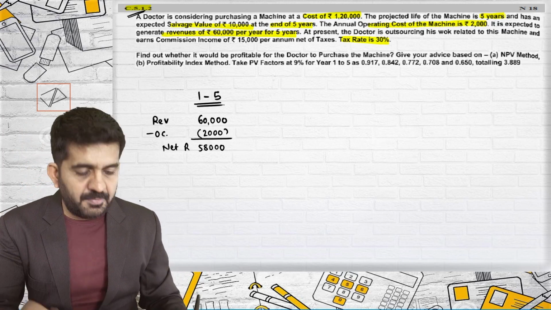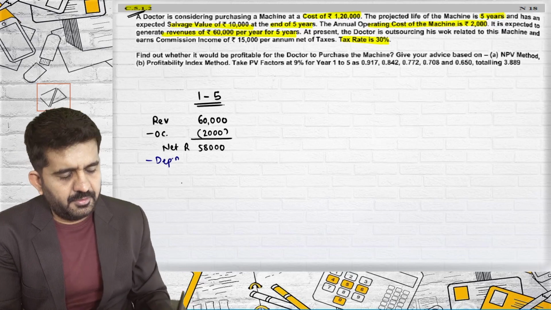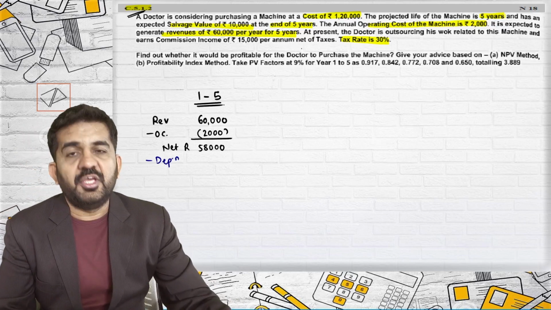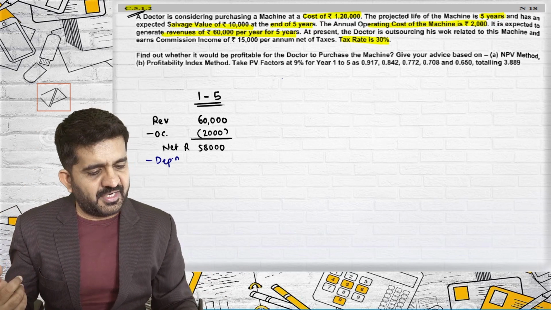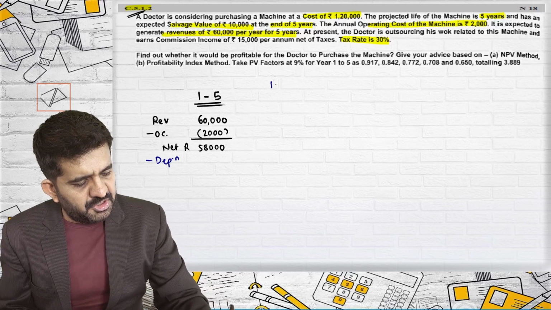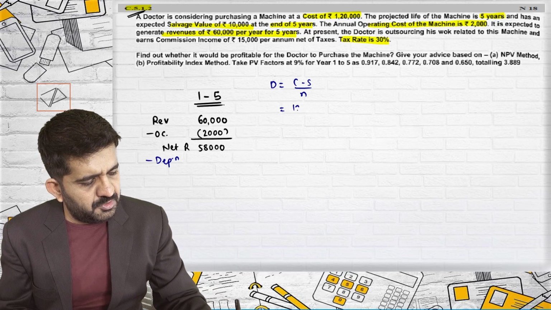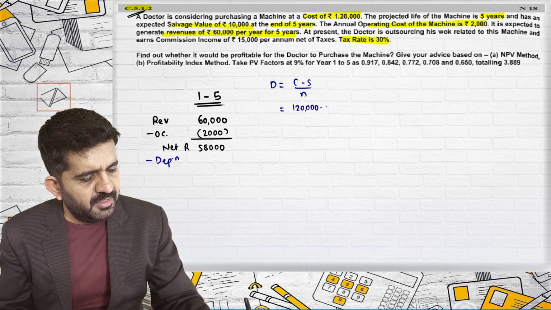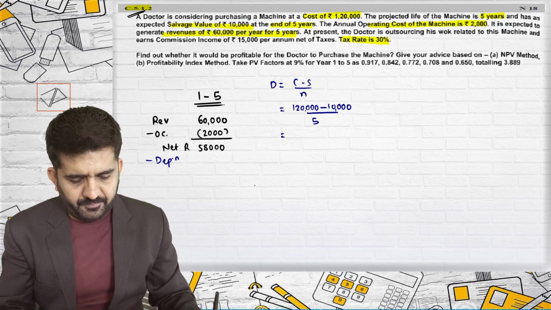Should depreciation be deducted? Yes, to get correct taxation. Depreciation, if nothing is given, I will have to follow the straight line method: cost minus scrap value divided by number of years, which is 1,20,000 minus 10,000 divided by 5.